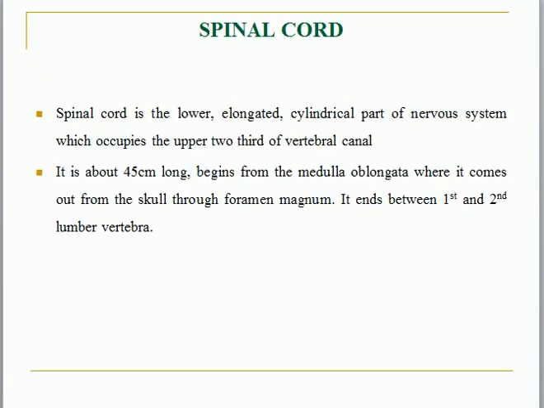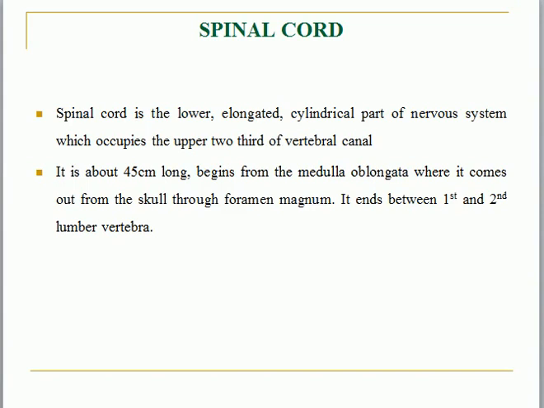So once again, there is a spinal cord which is a part of the nervous system. After the brain there is a spinal cord. So the central nervous system is made up of the brain and spinal cord. The spinal cord is the lower elongated cylindrical part of the nervous system which occupies the upper two thirds of the vertebral canal. It is about 45 centimeters long, begins from the medulla oblongata where it comes out from the skull through the foramen magnum.